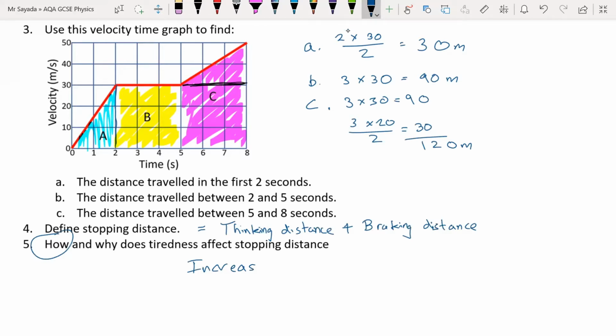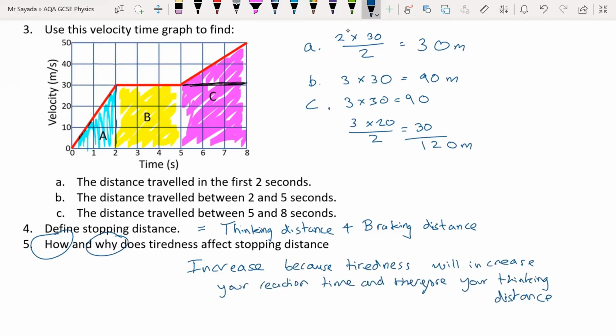So tiredness will increase your reaction time and therefore your thinking distance. So the idea is that it's your thinking distance that's increased. Sorry, that does not cause the braking distance to increase. It's your thinking distance which increases, which causes the stopping distance to increase.